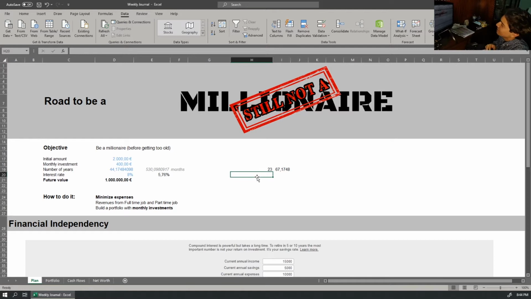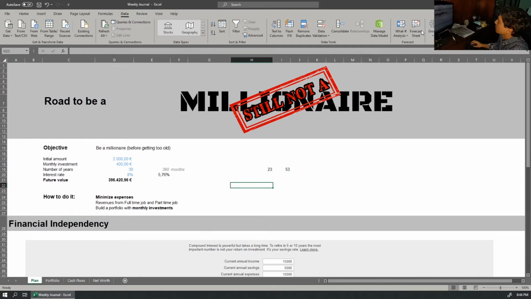It's near the age of retirement in my country, but let's try to manipulate this a little bit. For example, if I wanted to retire in 30 years, so this means I would be 53 years old.